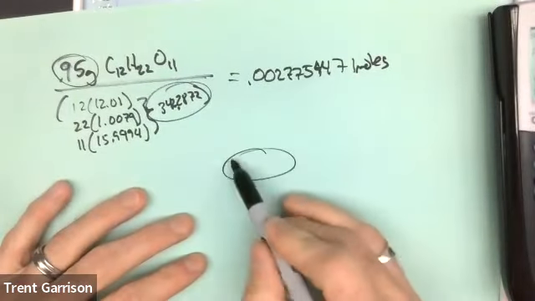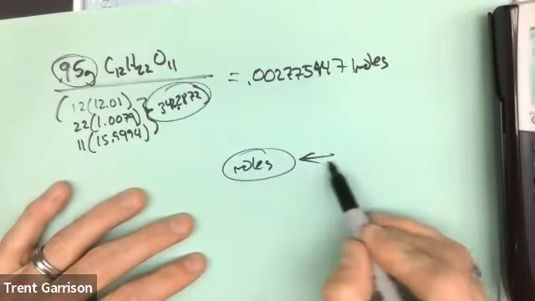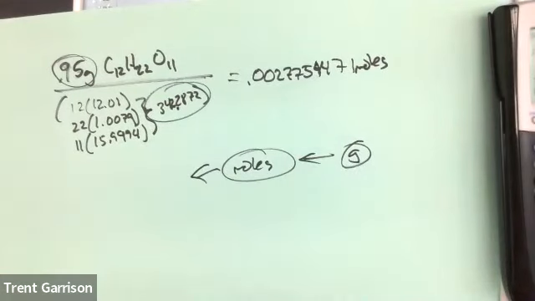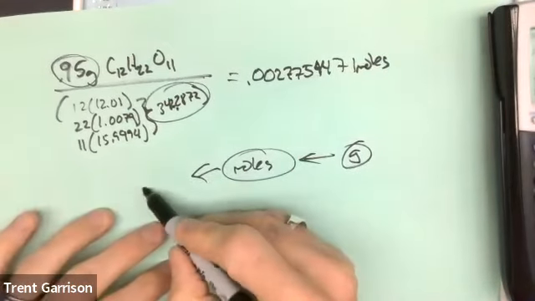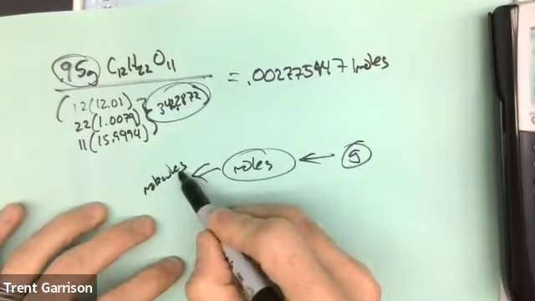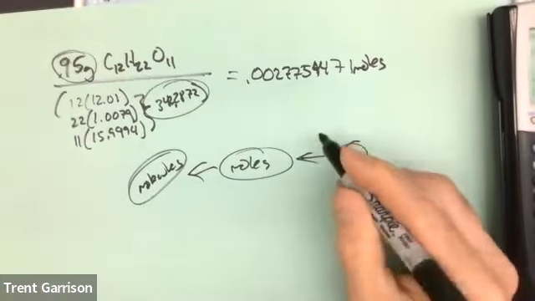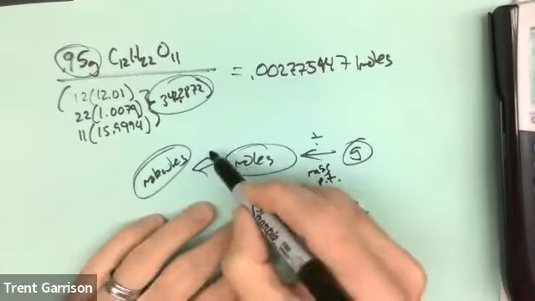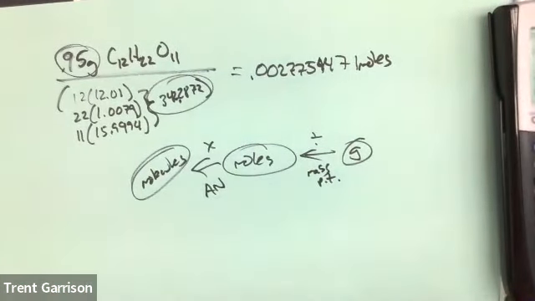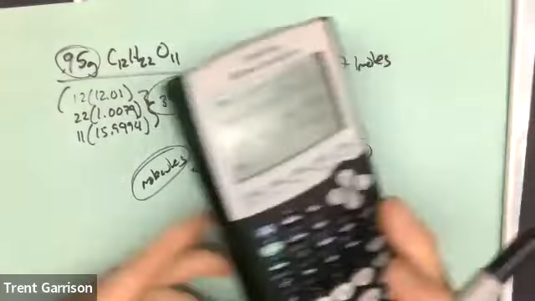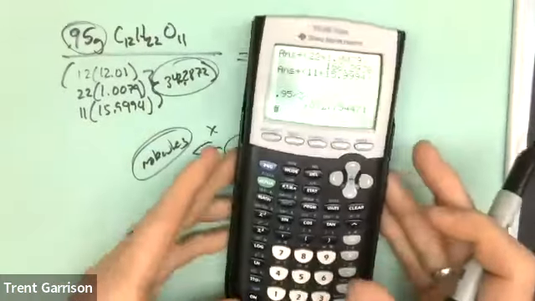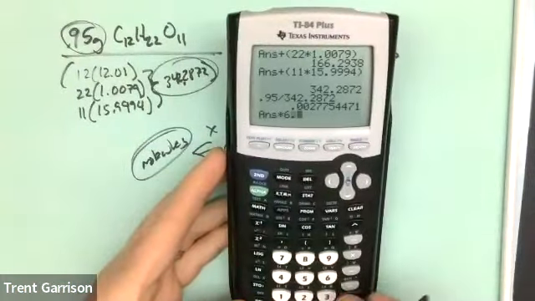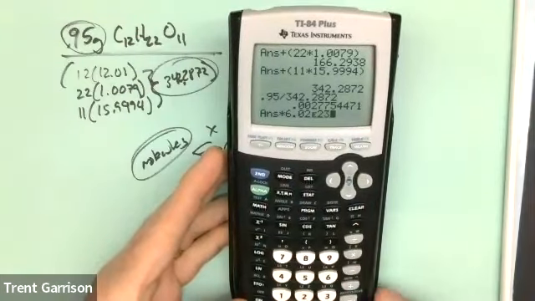Because if you recall, what we want to do is go from grams into moles and then moles into molecules. To do that, we divide by the mass off the periodic table, and then we multiply by Avogadro's number. So I have this value here, and I'm going to multiply it by 6.02 times 10 to the 23rd.